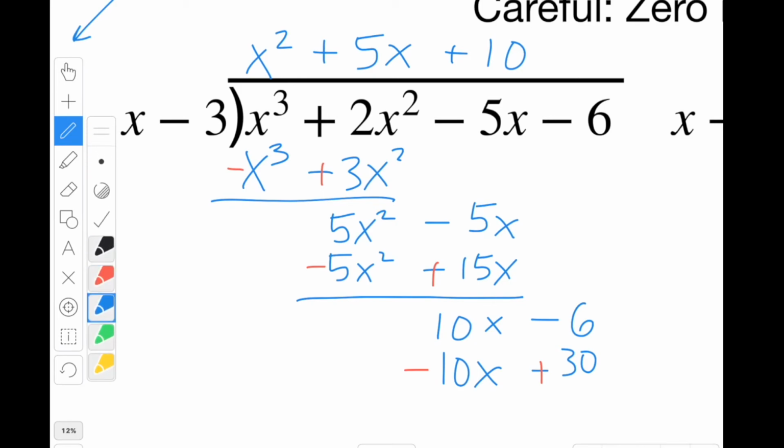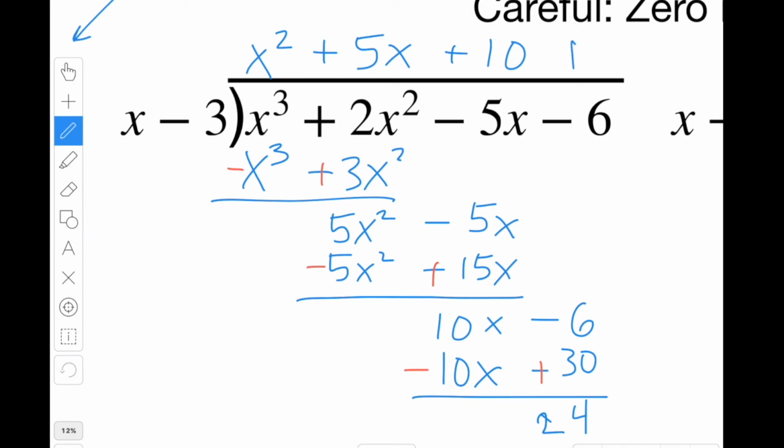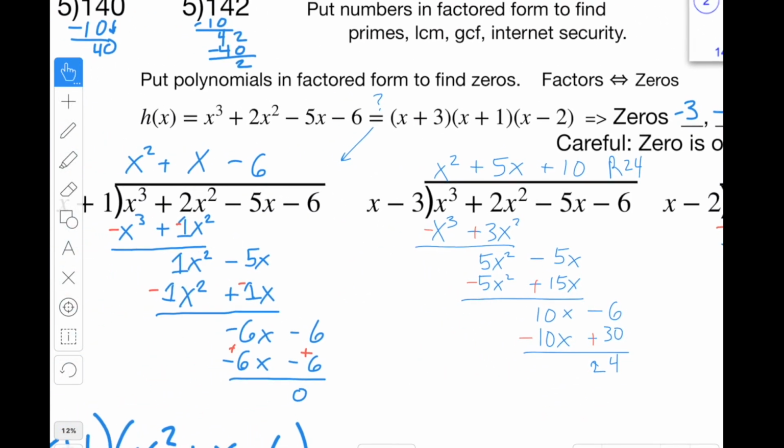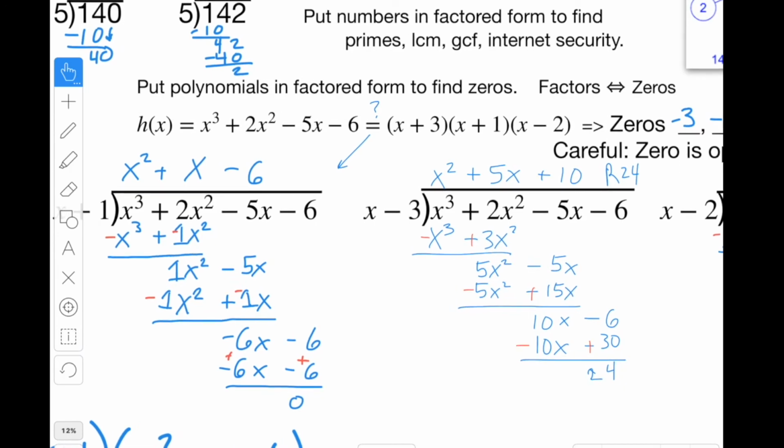And then when we add the two together, 10x plus negative 10x is nothing, 0. And then negative 6 plus positive 30 is 24. So we get x squared plus 5x plus 10 with a remainder of 24. And because there is a remainder, we can say that x minus 3 is not a factor of h of x, the original.